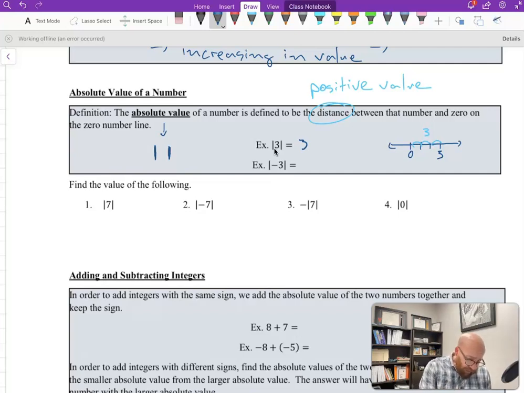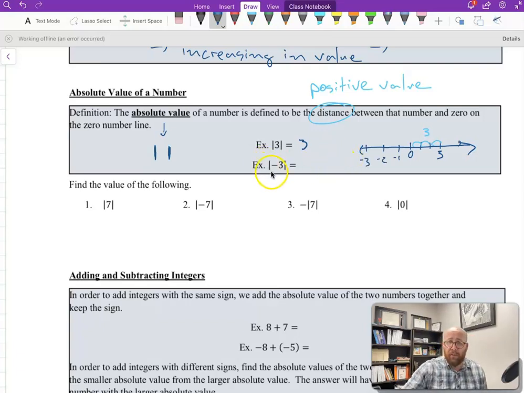And if we, again, look at this number line, let's extend it out just a little bit further. Let's go out to -3. -1, -2, -3. This question is asking how far is -3 from 0. Well, again, if you count the spaces between -3 and 0, you have 1, 2, 3 spaces.